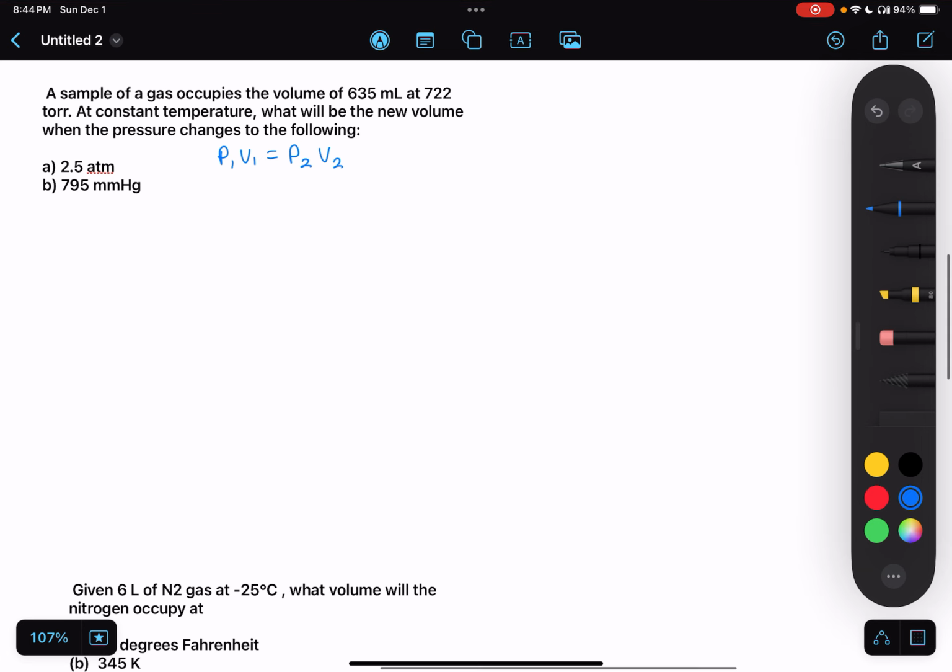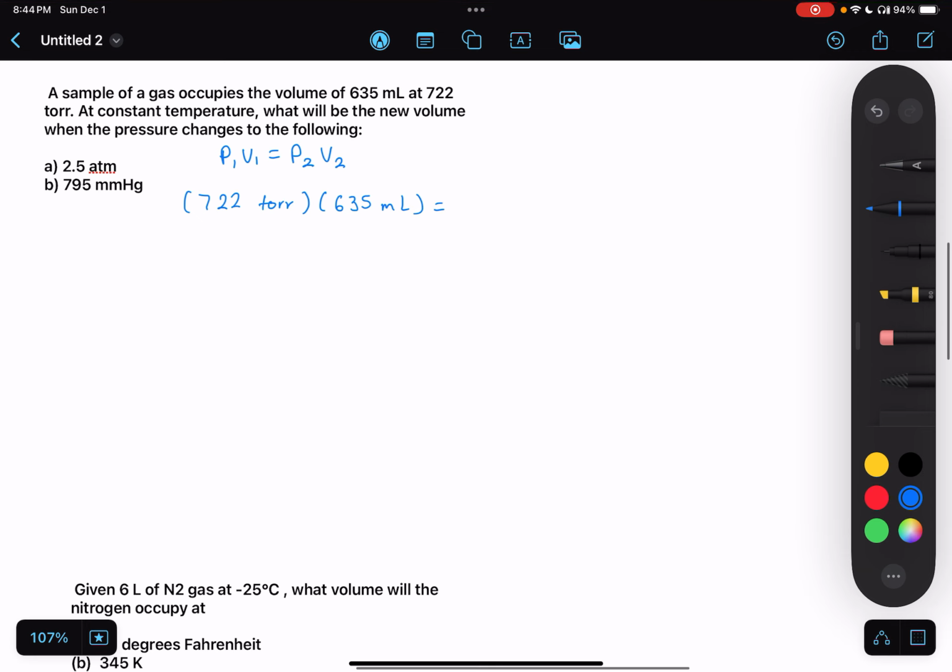That means that we got to do 722 torr times my volume, 635 milliliters, equal to, what volume at a pressure of 2.5 atmospheres?